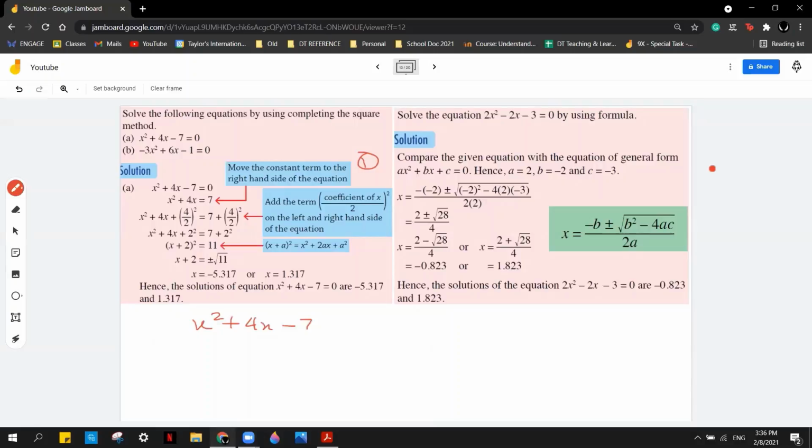So I'll show you mirrored to this. Add the term coefficient of x over 2, bracket squared, on the left and right. Certain teachers will prefer to do this: plus 4 over 2 squared, and then minus 4 over 2 squared equals 0.